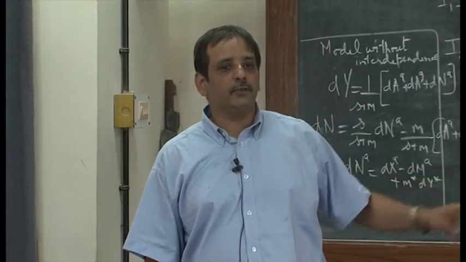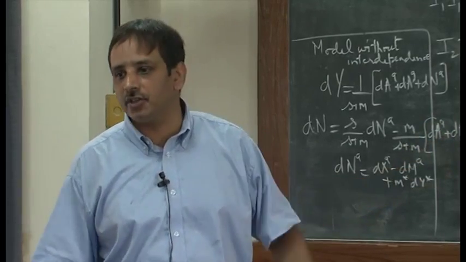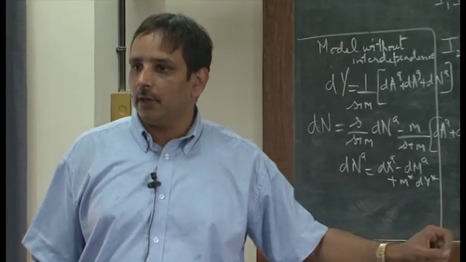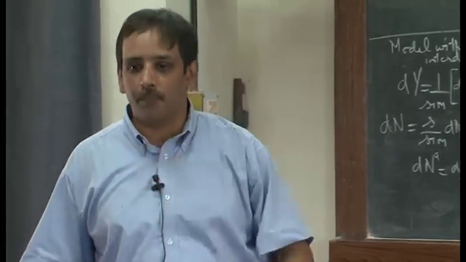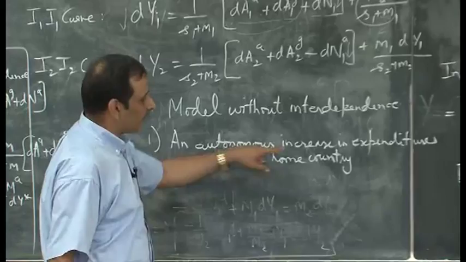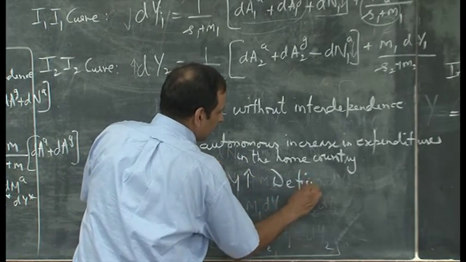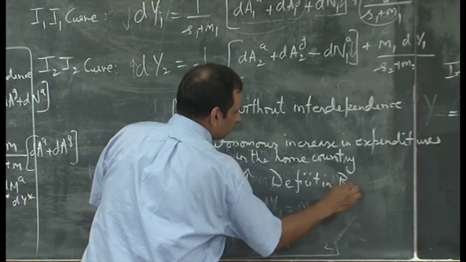Now you would appreciate this point if someone, instead of using the expenditure changing policies, uses the expenditure switching policy. Now you have already seen that when this happens, the incomes go up and there is a deficit in the balance of payments.